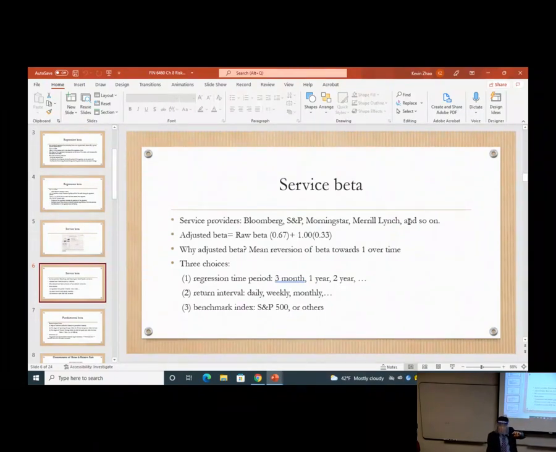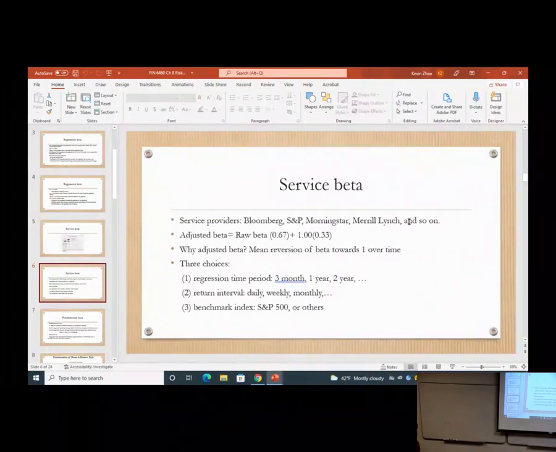And here's how they incorporate the mean reversion feature into that adjustment. Through regression, they will get the so-called raw beta estimation. But they only attach a certain percentage to this raw beta, and they apply the rest of the weight to just beta equal to 1. So if your raw beta is less than 1, your service beta will be a little higher.